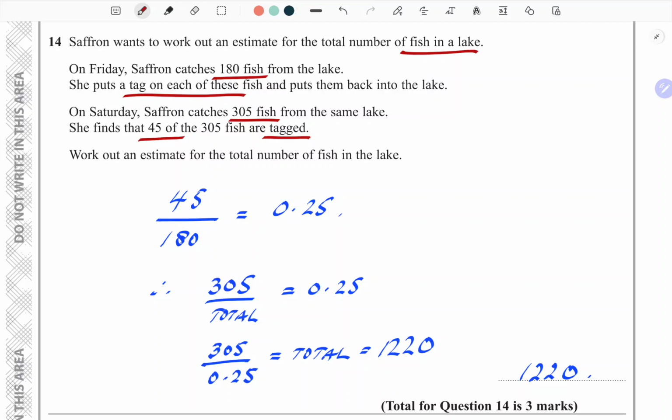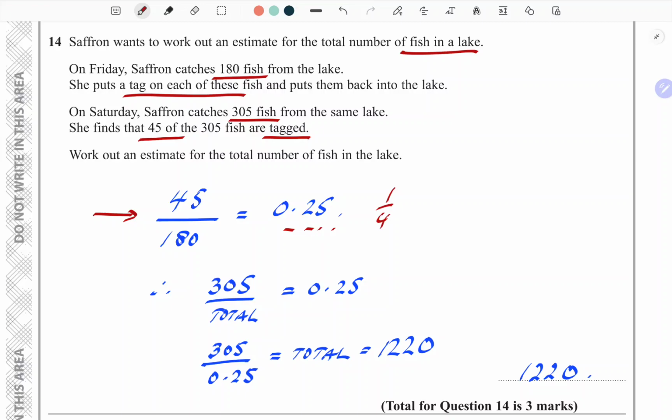So what that means is the 180 have spread out in the population so that they represent 45 out of the 305. The way to work this out is to say, well, we put in 180 originally with the tags. Second time round, we've only got 45. So we've got 45 divided by 180, a quarter of them, so 0.25.